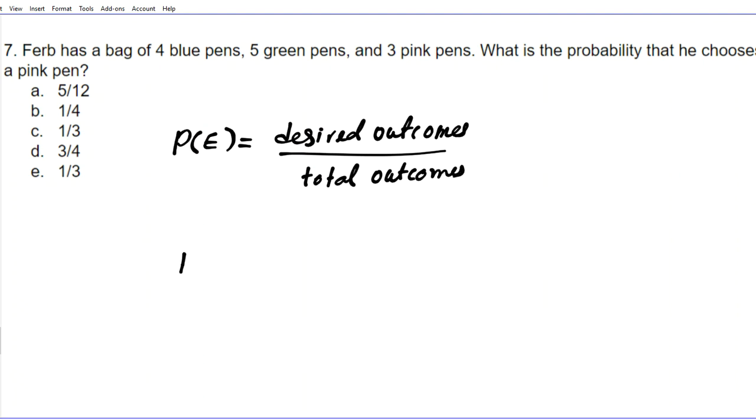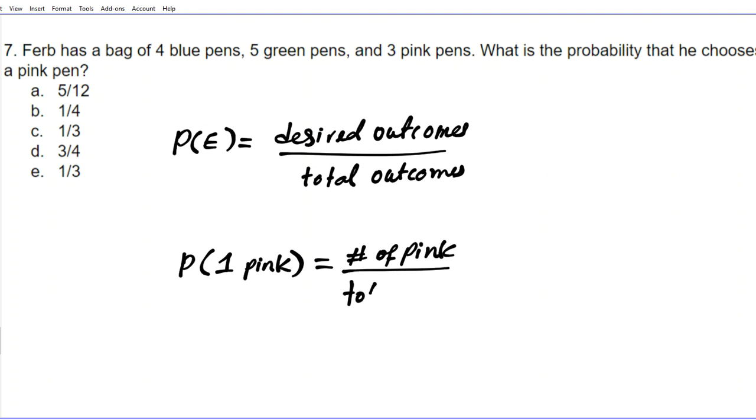All right, so probability of getting a pink is going to be the number of pink pens divided by the total number of pens. All right. So how many pink pens are there? There are 3 pink pens.